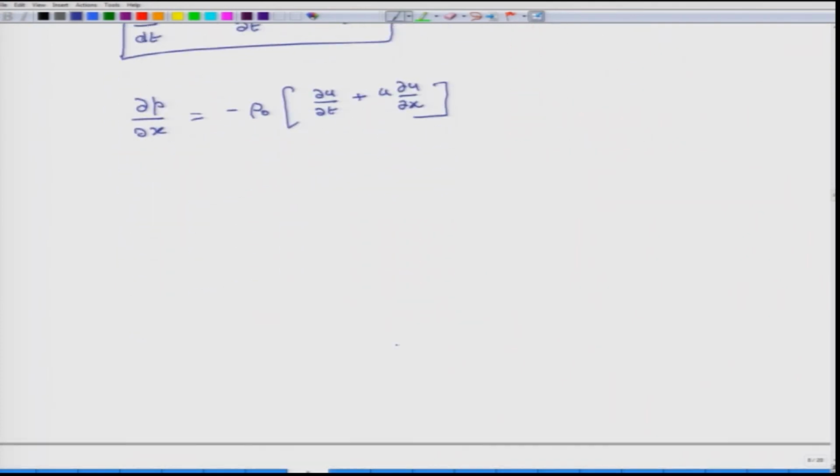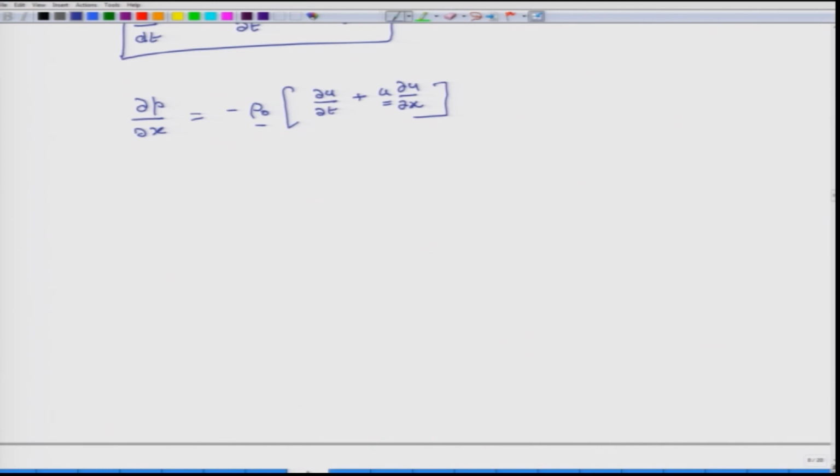And now, we will make one final simplification. What we had said was that these velocities, pressures, changes are all small numbers, p, u, right. Rho naught may not be small, but u is a small entity, p is a small entity, and so on and so forth.